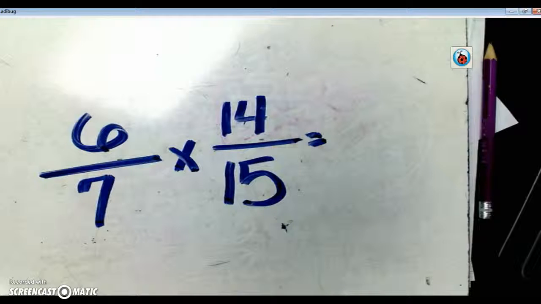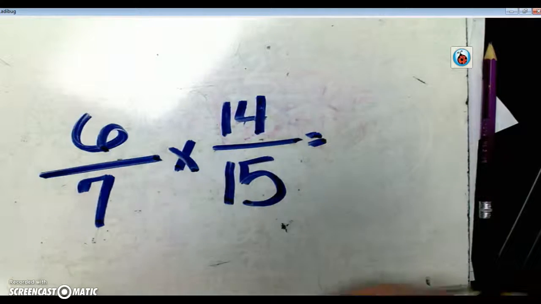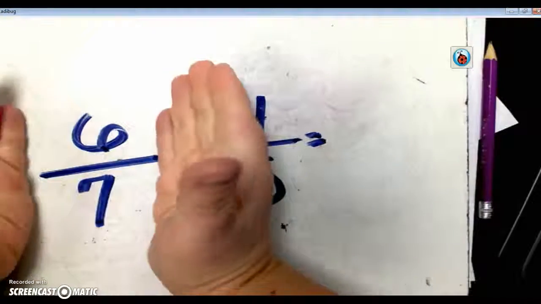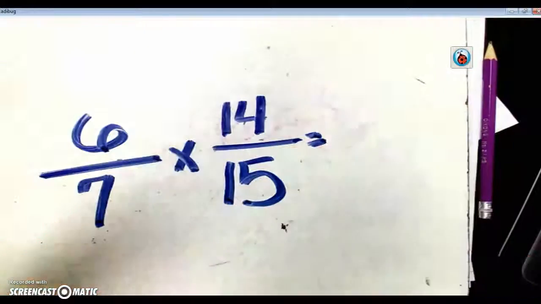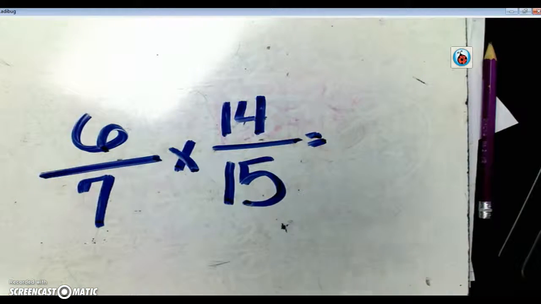Does anybody think they can talk us through that? How do I reduce these fractions before I multiply, Hayden? You're right as far as this individual fraction and this individual fraction, neither one of those, but I showed you something where we can look to see if we can simplify before we multiply, instead of multiplying and then simplifying my final fraction.